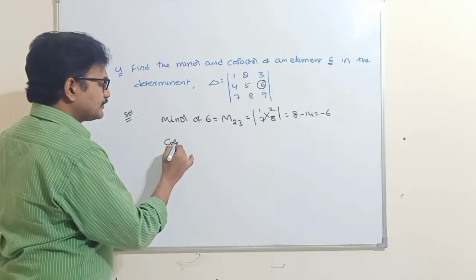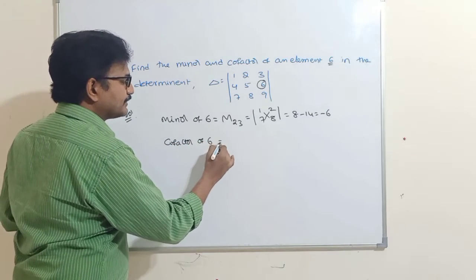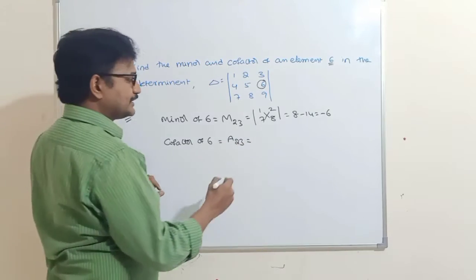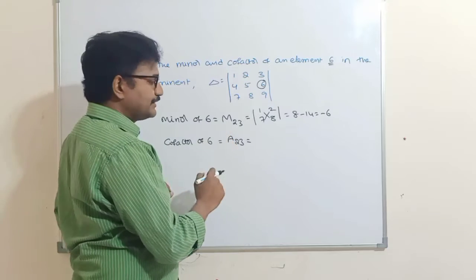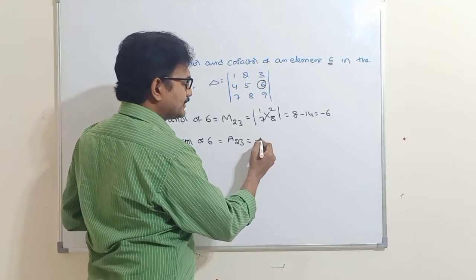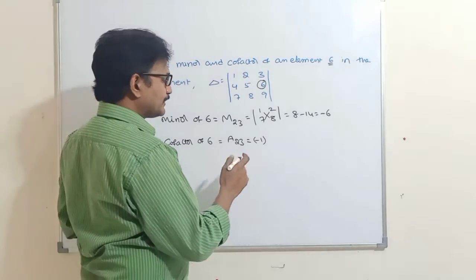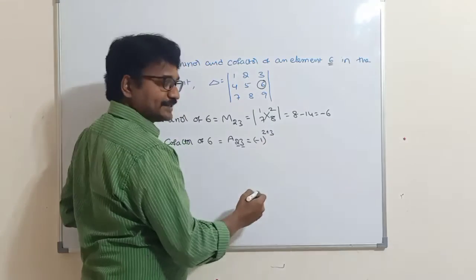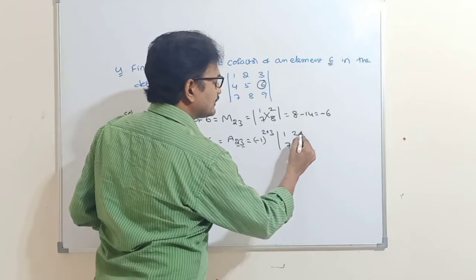Similarly, the cofactor of 6 we want. We will denote it with capital A23. In the same way as you find the minors, we need to find the cofactor, but in front of the determinant you need to write minus 1 whole power row number plus column number, 2 plus 3, into the determinant of 1, 2, 7, 8.